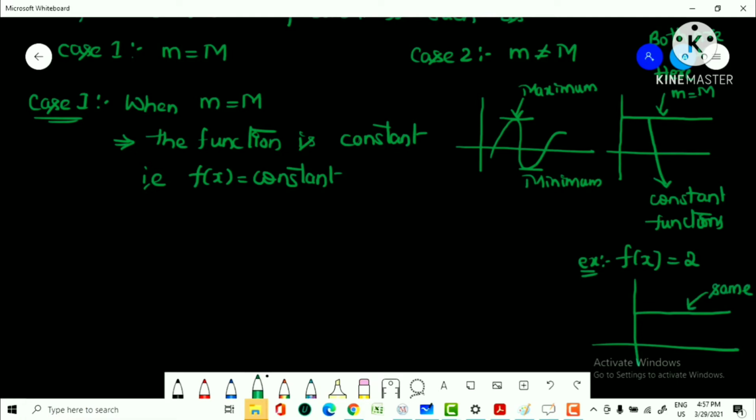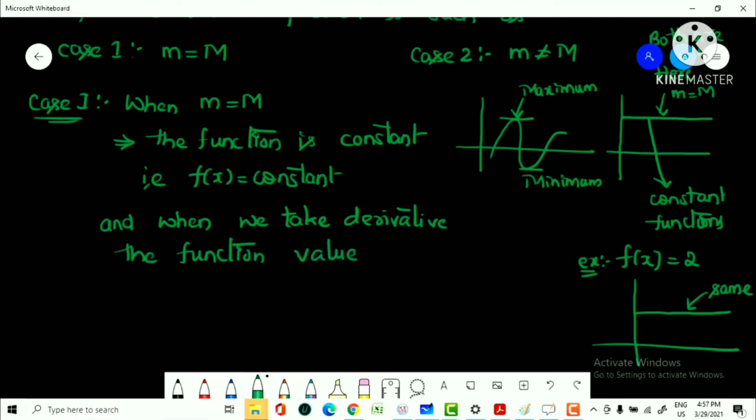Therefore, now come back to the proof part. Since both are equal, the function is constant, that is f of x is equal to constant, and when we take the derivative, the function value becomes 0.